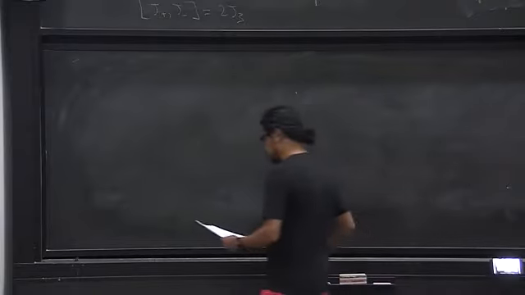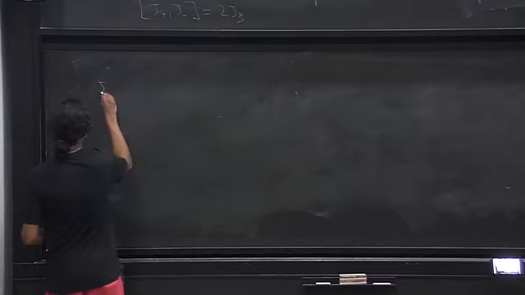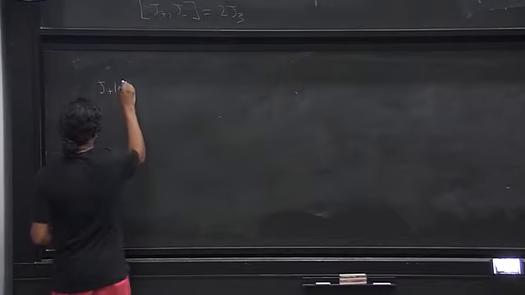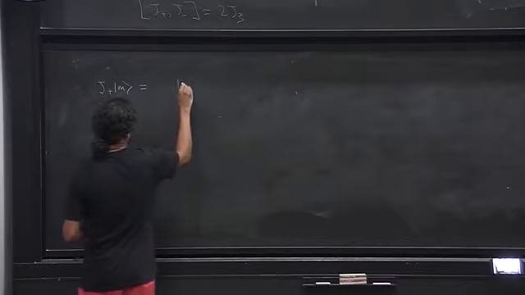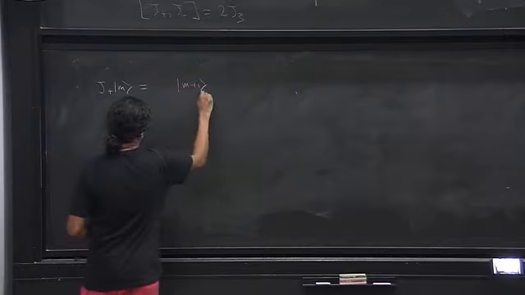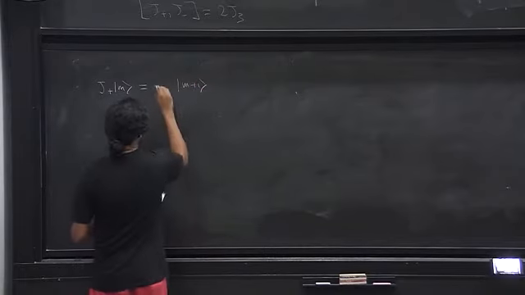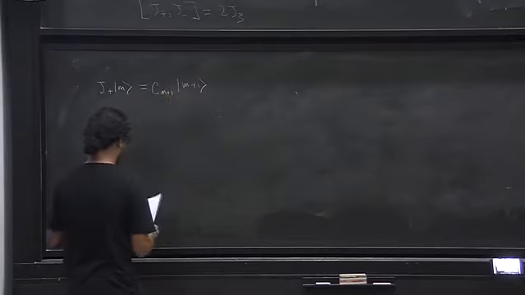So when J plus acts on m, it takes us to m plus 1, but up to some constant, which we call C of m plus 1.